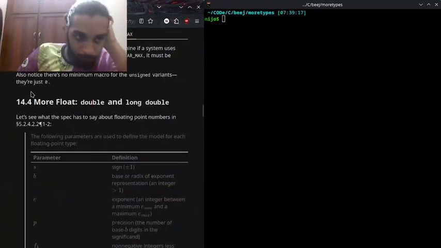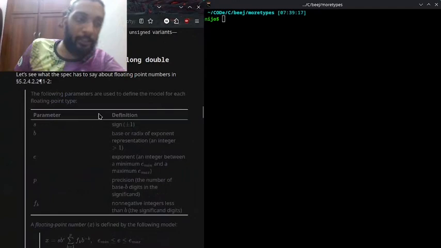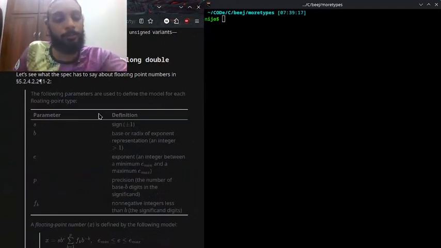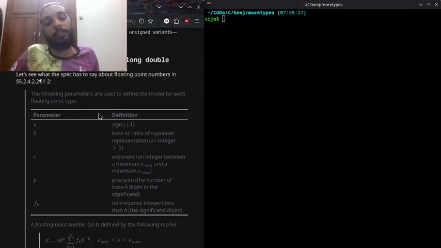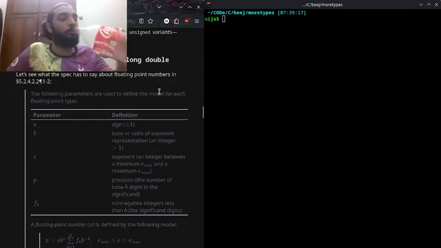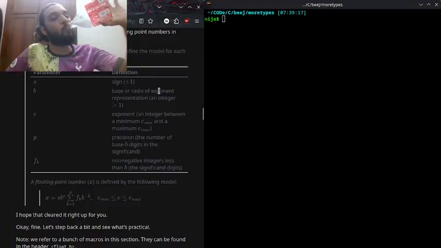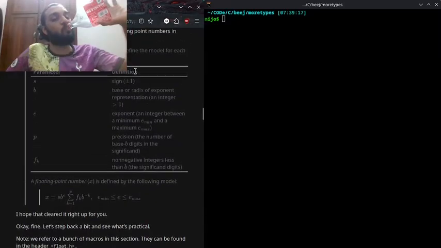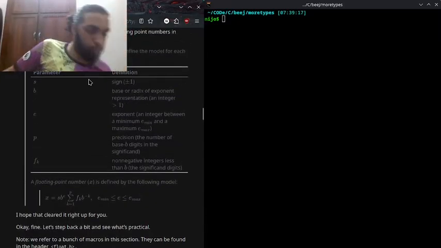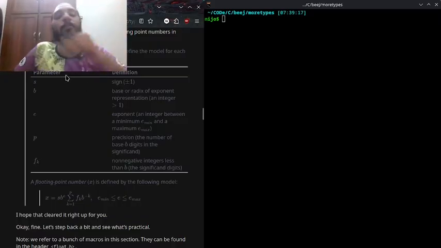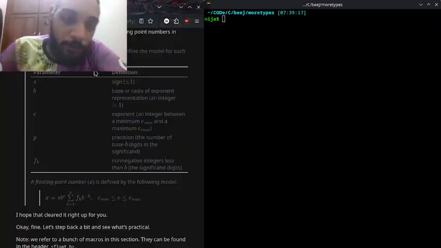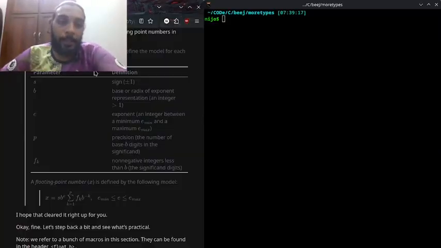Let's move on. More float, double and long double. Okay, good. Let's see what the spec has to say about floating point numbers. The following parameters are used to define the model for each floating point type.